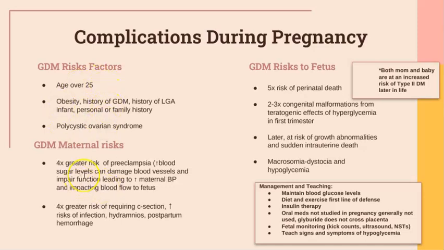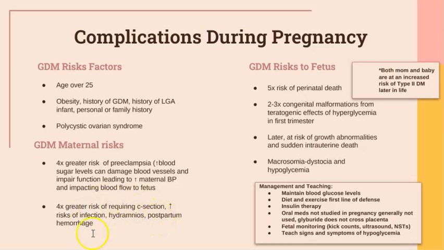So risks afterwards: you're 4 times greater risk of getting preeclampsia, because those high blood sugar levels can damage blood vessels and impair function, which can lead to high maternal blood pressure and impact blood flow to the fetus. You're 4 times greater risk of requiring a C-section. You're at a higher risk of infection, hydramnios, and postpartum hemorrhage.